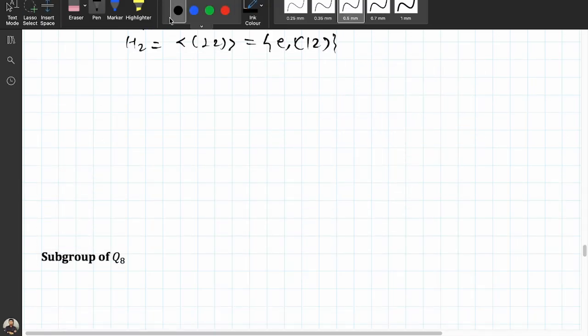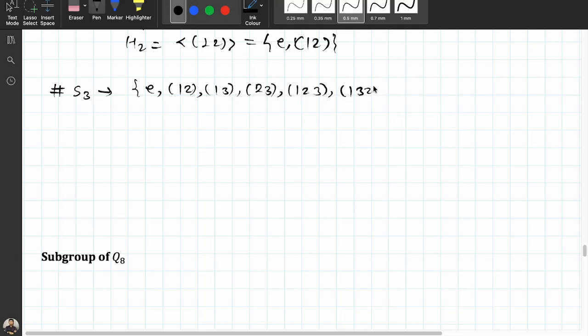What about S3? That we will discuss. I discussed it already for S3. Okay, so S3 has identity, (1 2), (1 3), (2 3), (1 2 3), (1 3 2).